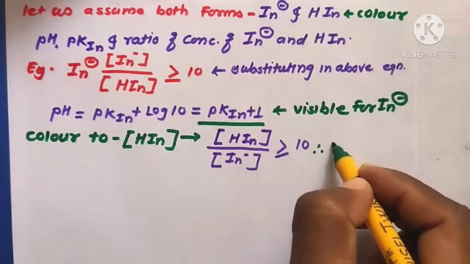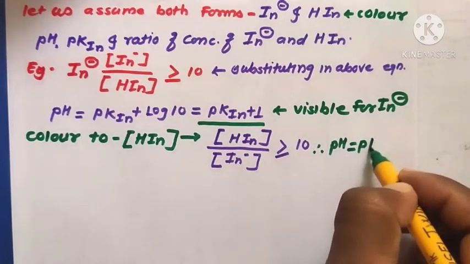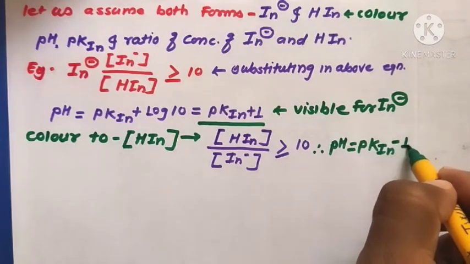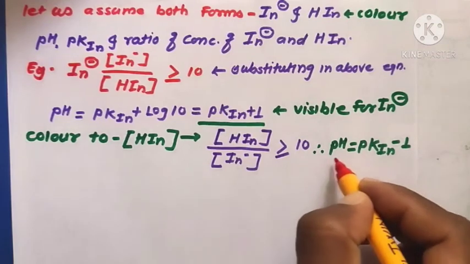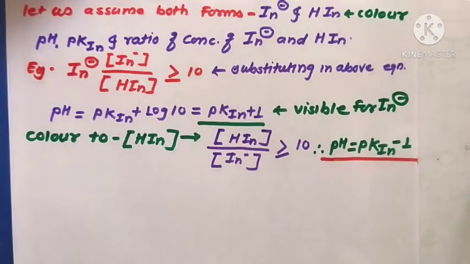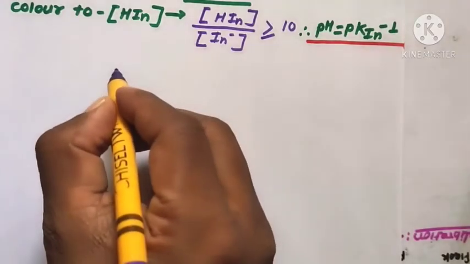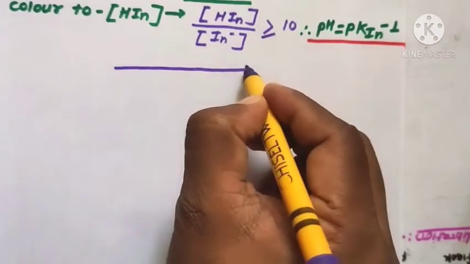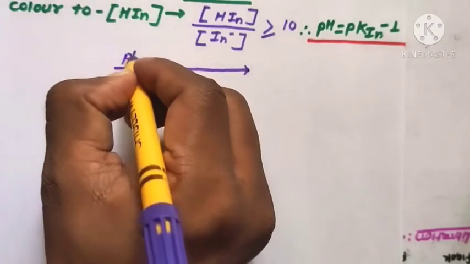Therefore, the pH is equal to pKin minus 1. The color due to the form HIn will appear for the first time at the pH equal to pKin minus 1.